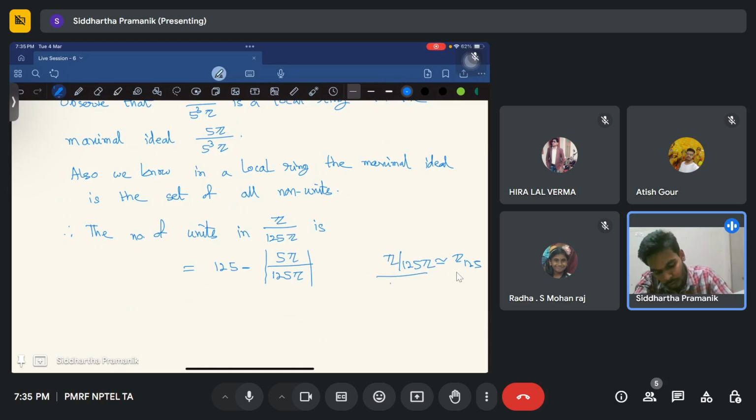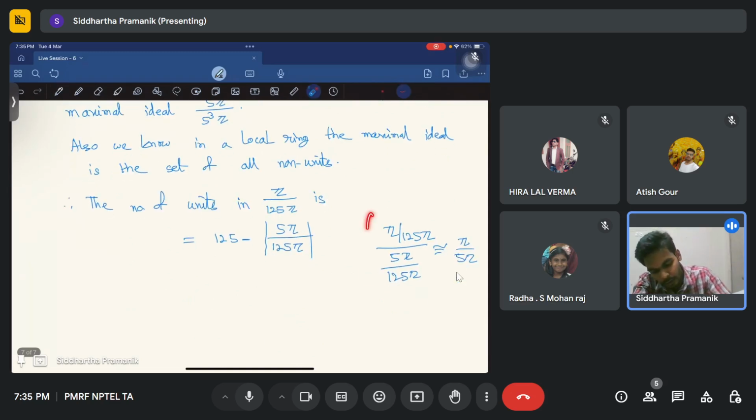And if you go modulo by 5Z modulo 125Z, then it is isomorphic with Z mod 5Z by the third isomorphism theorem. So the cardinality of this quotient is the same as the cardinality of Z mod 5Z, which is 5. So the cardinality of Z mod 125Z divided by the cardinality of 5Z by 125Z is 5, and this is 125.